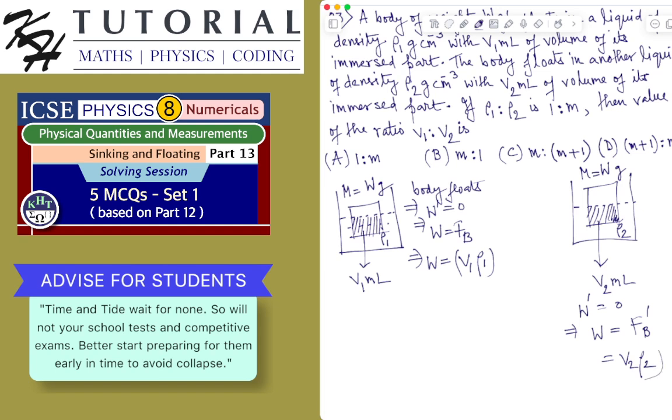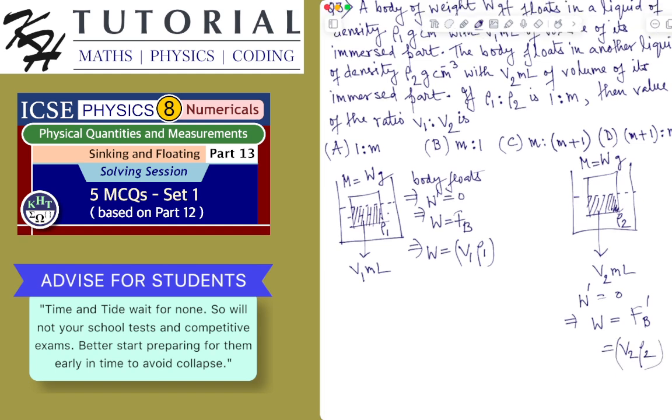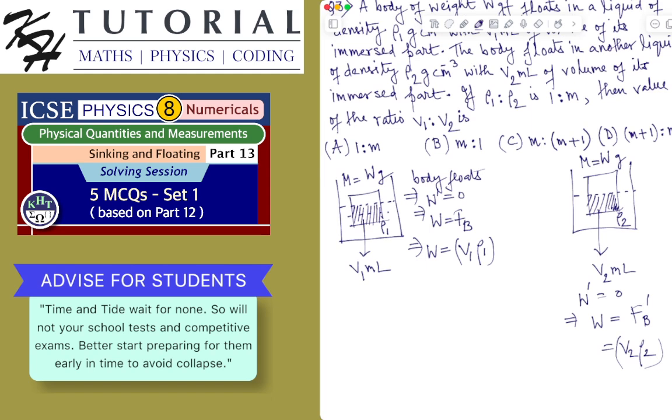So we will have W equals V2 rho 2. Now we have W is equal to V1 rho 1 and also W is equal to V2 rho 2. So V1 rho 1 should be equal to V2 rho 2. So this implies V1 by V2 is equal to rho 2 by rho 1.